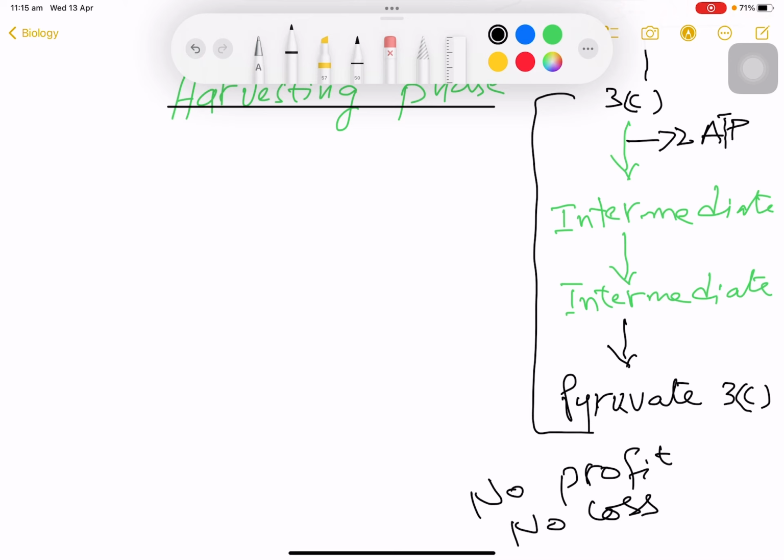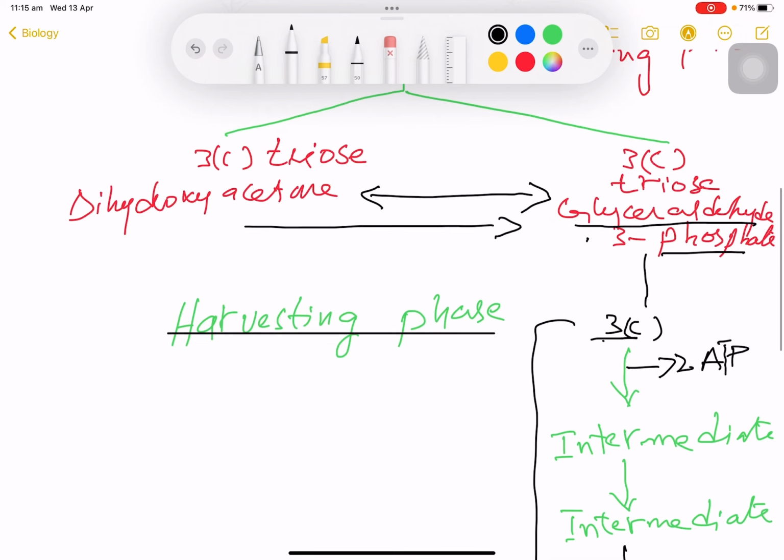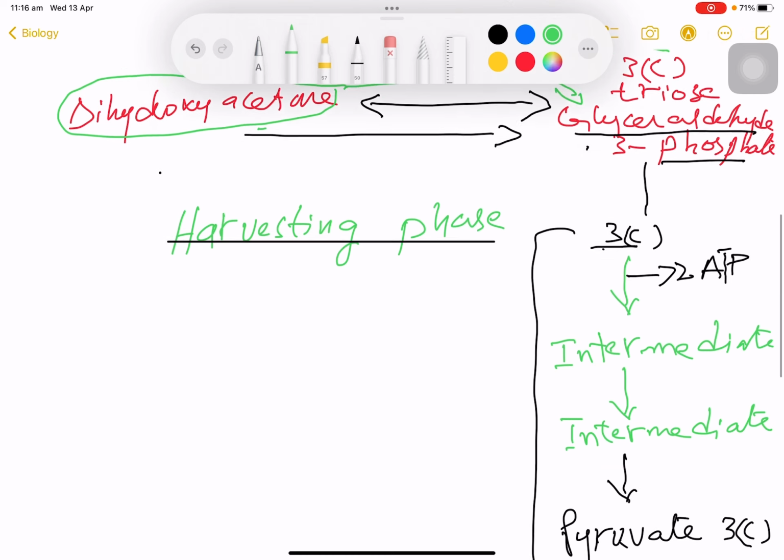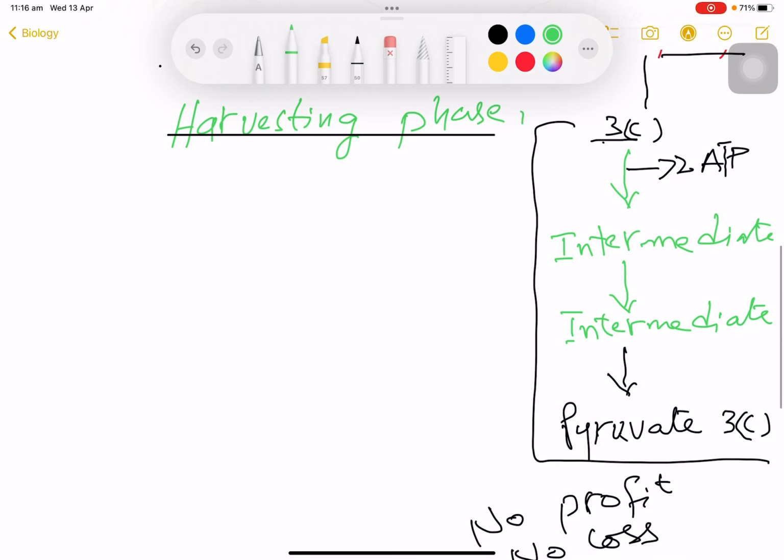So why is it happening? Remember that this is the result from one triose. We have another triose here. What is that triose? The triose is dihydroxyacetone. When the dihydroxyacetone converts into glyceraldehyde, again the reaction will take place the same way and 2 more ATP are produced.